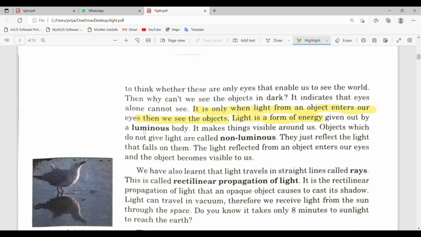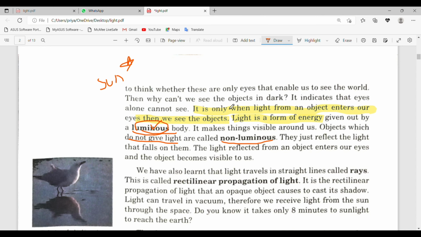Moving to the next, two words are given: luminous body and non-luminous body. Beta, the objects which emit light are known as luminous objects or luminous bodies. Non-luminous means which do not give light. Examples of luminous bodies are sun, stars, bulb, tube lights, fireflies.